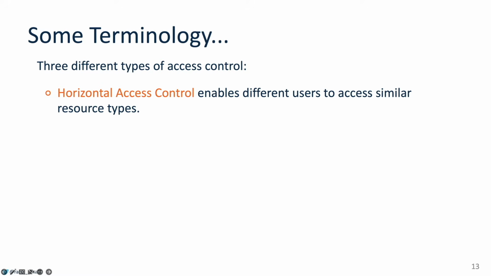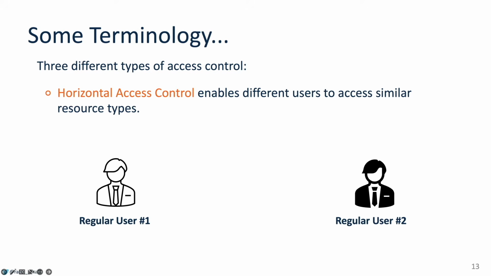The second type of access control is called horizontal access control. This type of access control restricts different users of the same privilege from accessing each other's resources. So for example, let's say you have Bob and Adam. They both have the same level of privilege in the application, which is that they're both just regular users. Now, Bob should only be able to access his data and should not be able to access Adam's data, and vice versa.